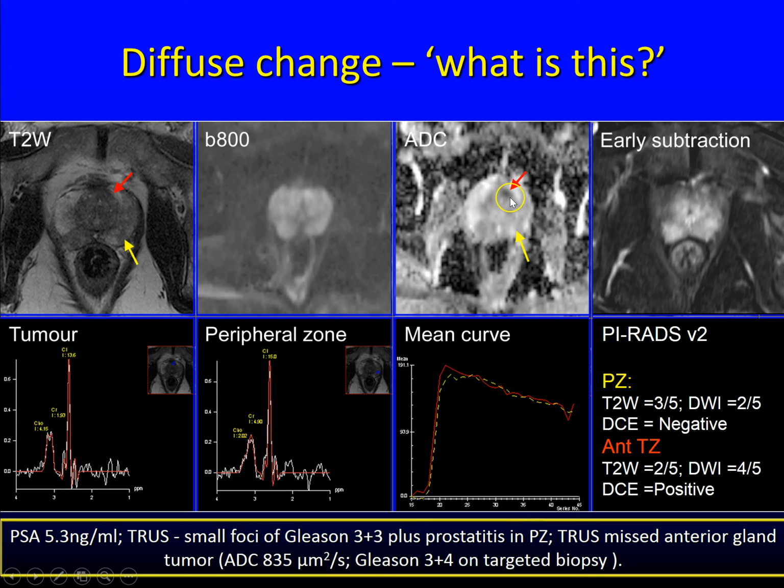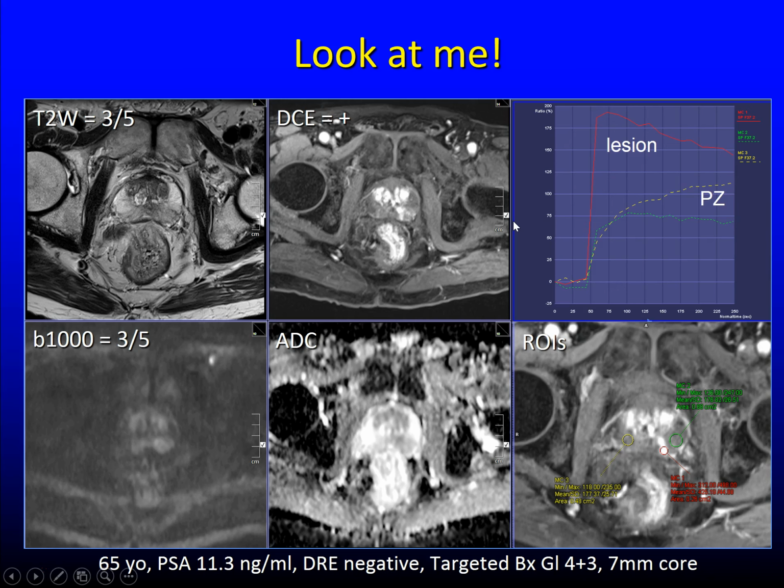There was a small lesion here anteriorly, which is not that well seen on the subtraction images, which turned out to be a Gleason 3+4 cancer, but clearly the area that was causing the raised PSA was this prostatitis and in fact mixed with Gleason 3+3 disease in the peripheral zone.